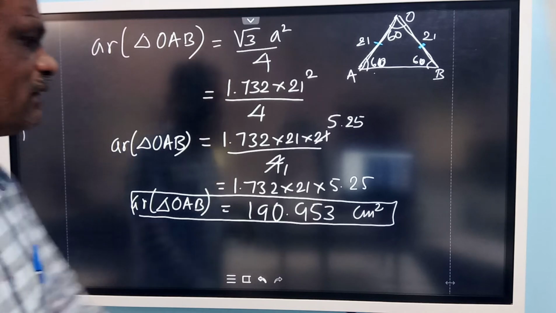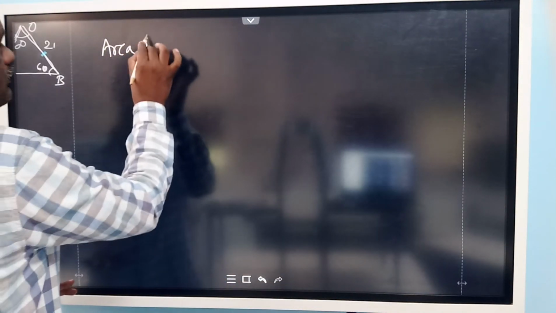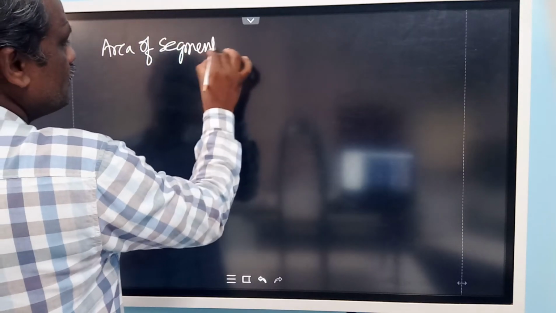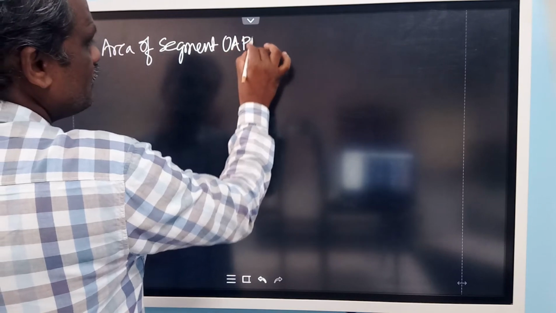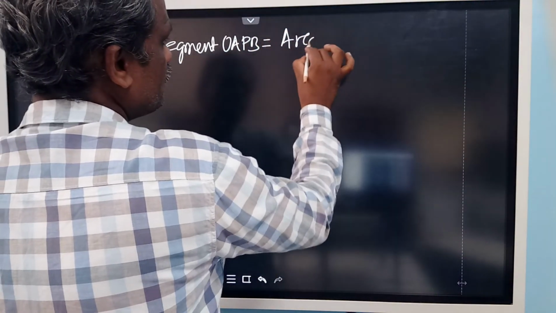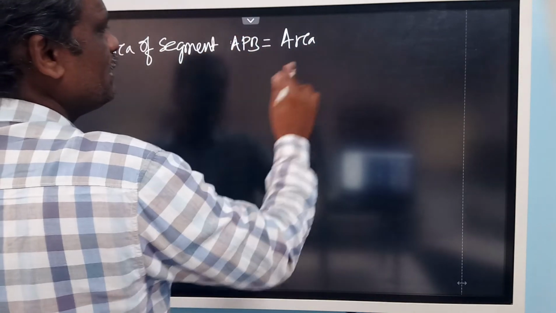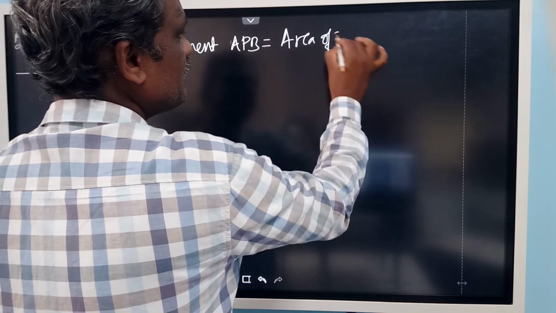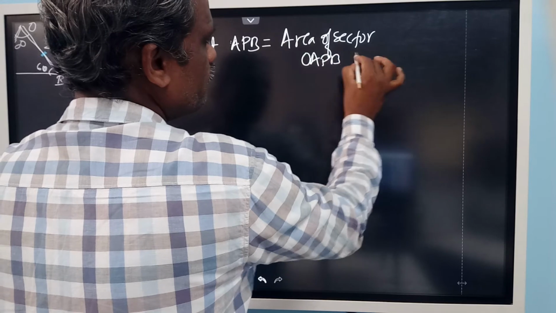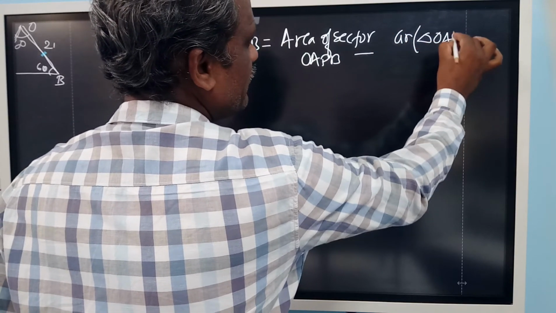So to find the area of the corresponding segment, area of segment APB is equal to area of sector OAPB minus area of triangle OAB.